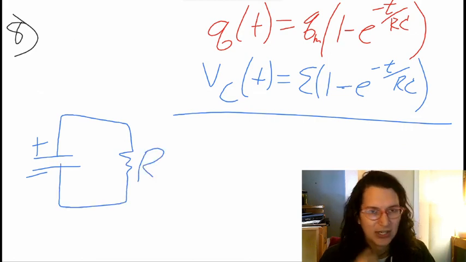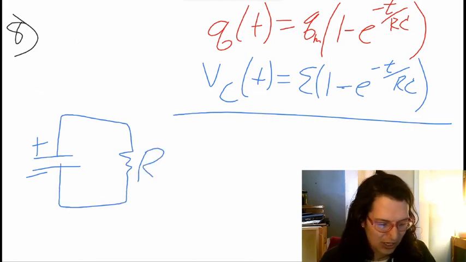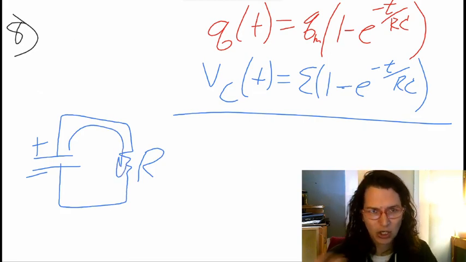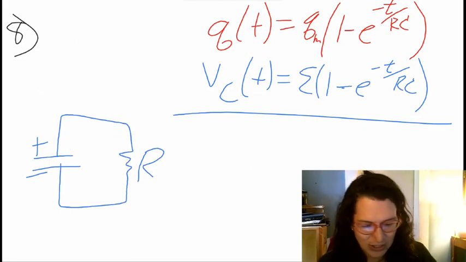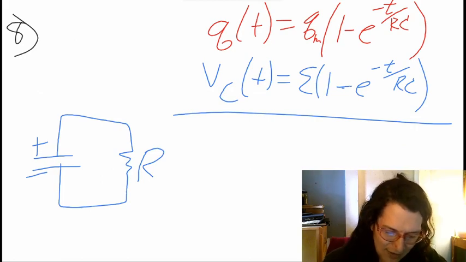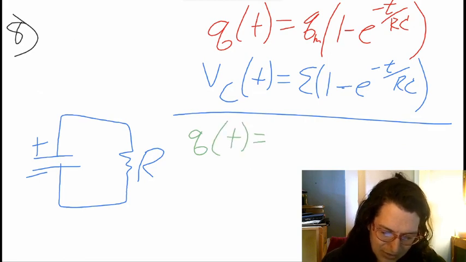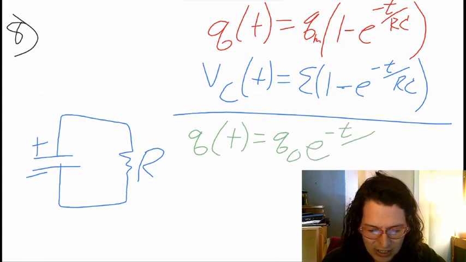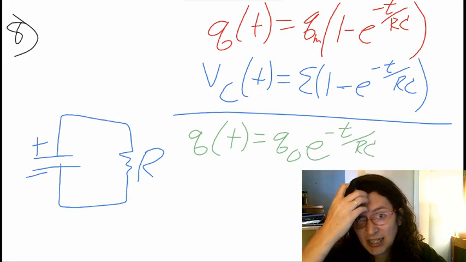Now the charge is going to want to leak off of the capacitor, but the resistor is again going to resist the flowing current produced by that capacitor. So you have a slow discharge of the capacitor. You have a Q of t equal to whatever the initial charge is times e to the minus t over RC. It's just an exponential decay.